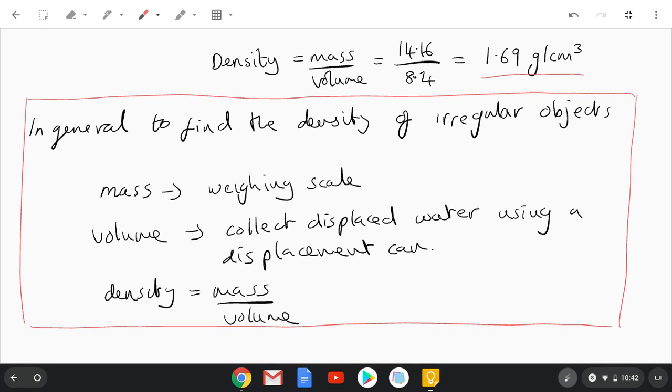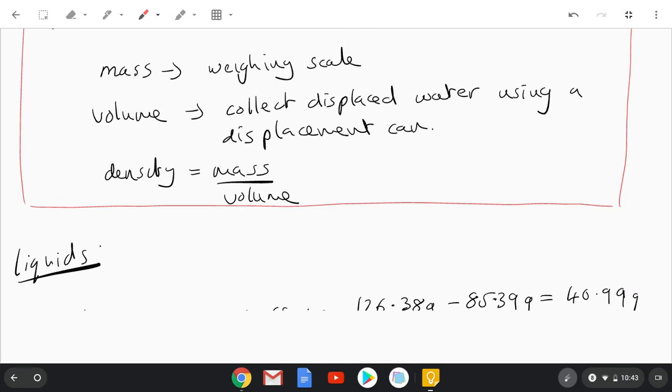So we dropped the plasticine into a displacement can filled with water, collected the displaced water in a measuring cylinder, and found the volume that way. That's what you need to say when you're explaining how you find the volume of an irregular object. And then at the end is the same formula again, mass over volume.